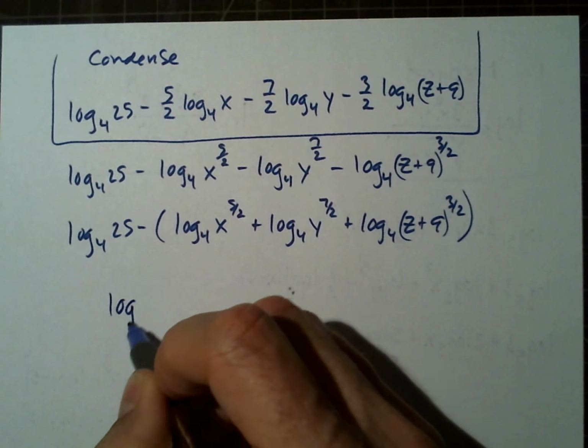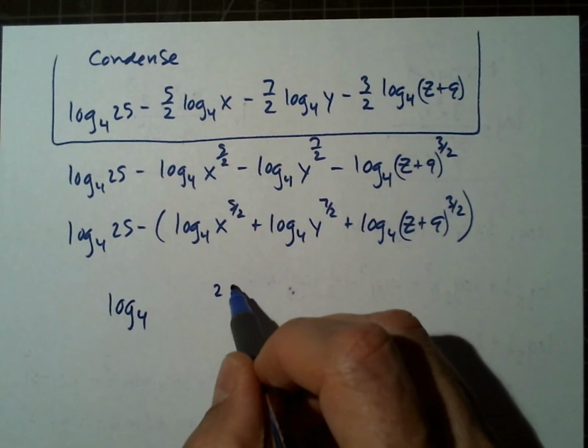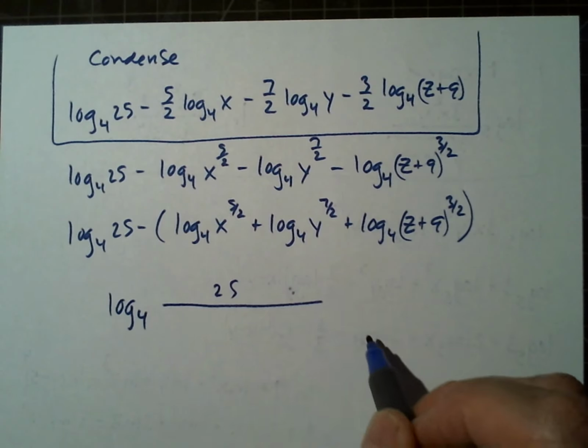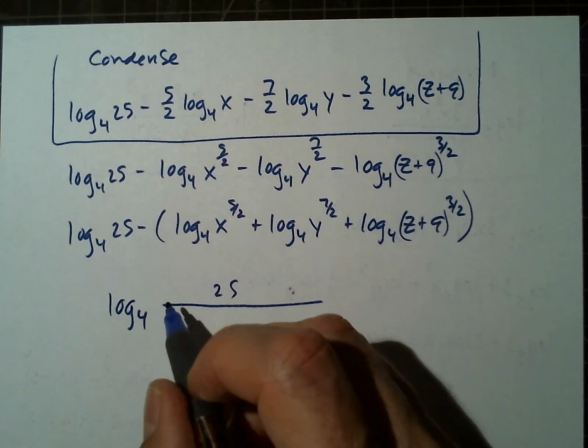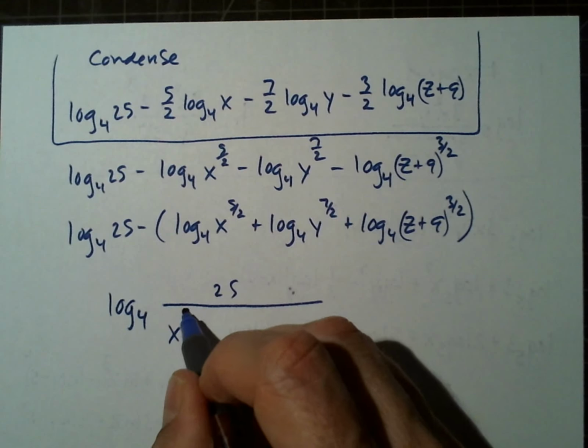So we have log base 4 of 25 divided by all of these factors.